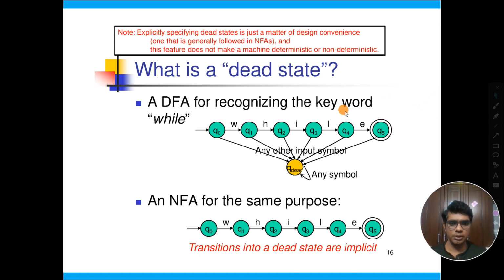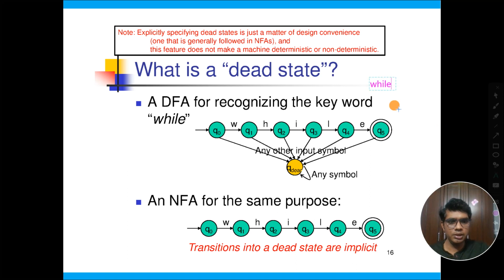If the keyword is, like in this example, while, we all know about the while loop. So this is an automata which recognizes the string while. We want to recognize this string, the word while.